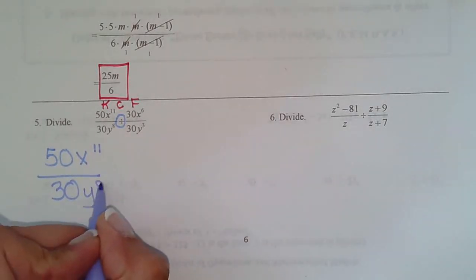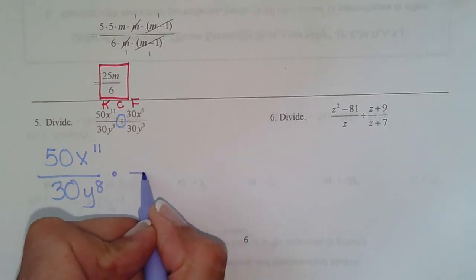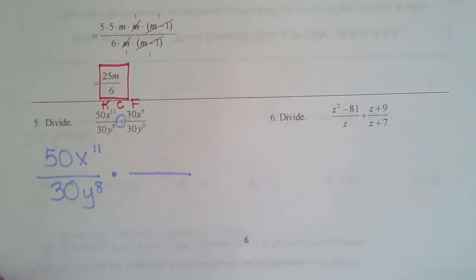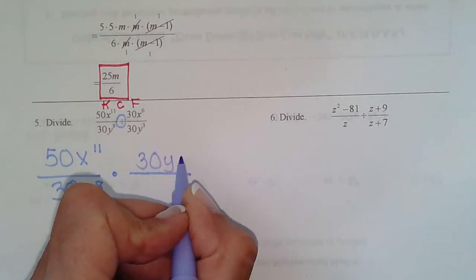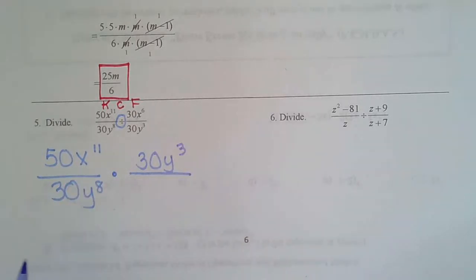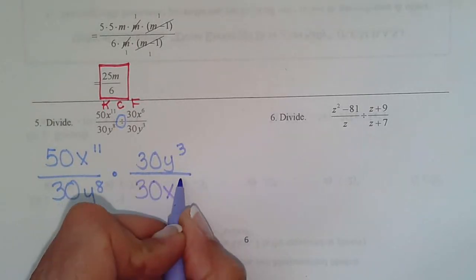So keep the first fraction, change to multiplication, flip the second fraction. So 30y cubed is now going to be in the numerator, and 30x to the 6th is in the denominator.